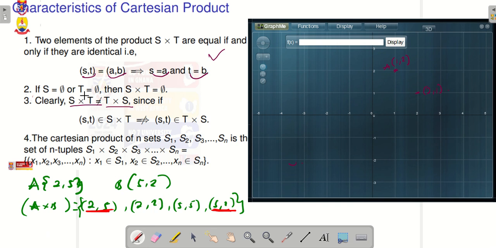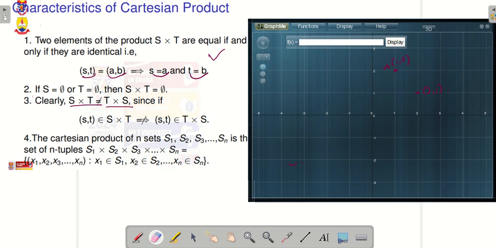Another way of demonstrating whether S cross T is the same as T cross S is to take it this way. Let's say you have the set A to be 1, 2, and you have the set B to be, let's say, 3, 4.